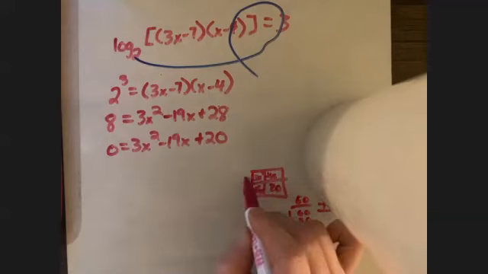So it's an x, 3x minus 4, minus 5. Okay, so we've got 3x minus 4 and x minus 5. Okay, so 3x minus 4 equals 0. x minus 5 equals 0.